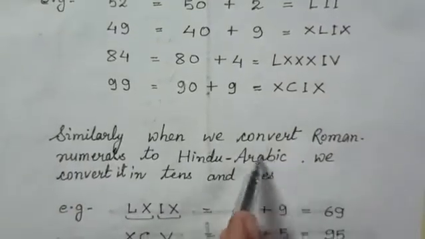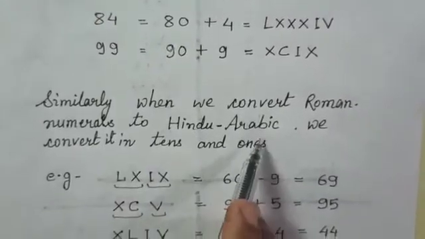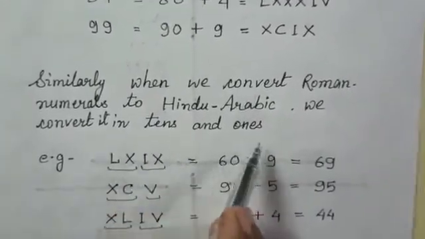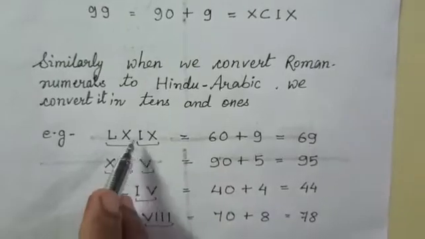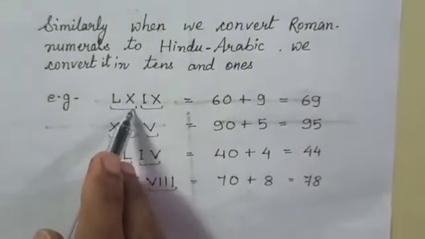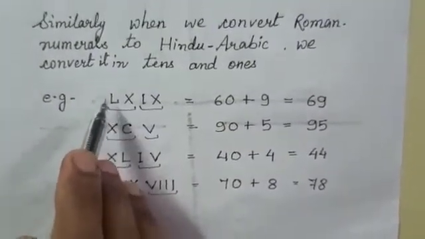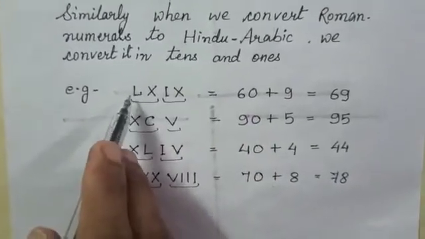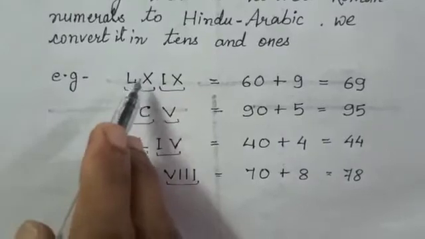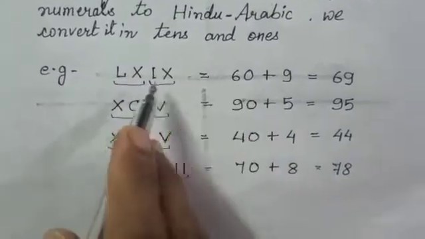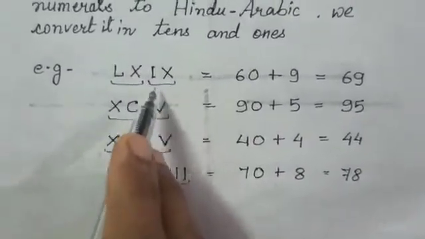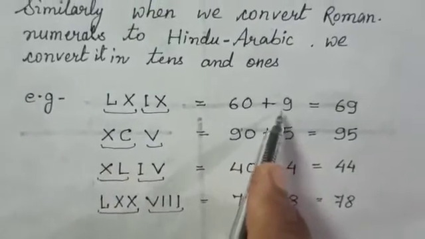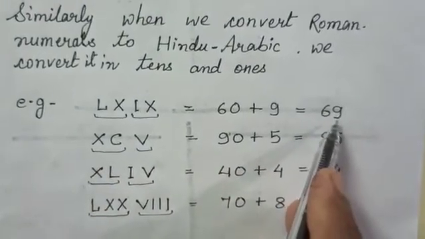Similarly, when we convert Roman numerals to Hindu Arabic, we convert in tens and ones. Example, LXIX. So LX is the tens part. If you convert it to Hindu Arabic, LX is 60. L means 50 and X is 10 and it is addition, so it is 60. And IX is based on subtraction, so 60 plus 9 equals 69.